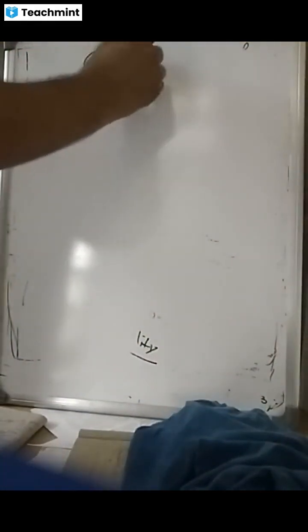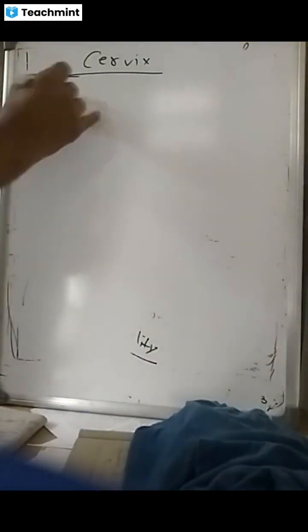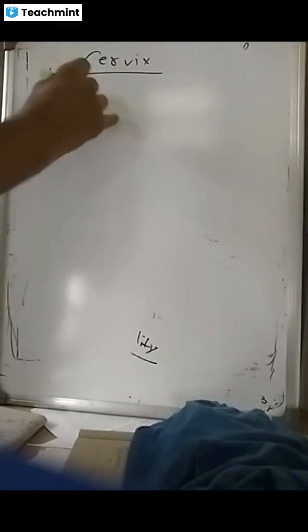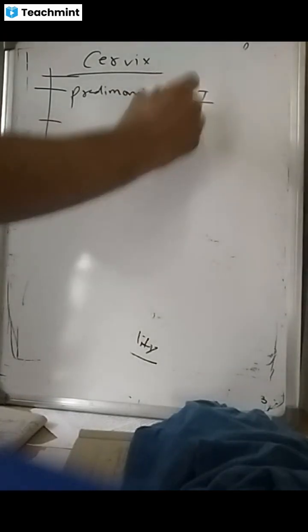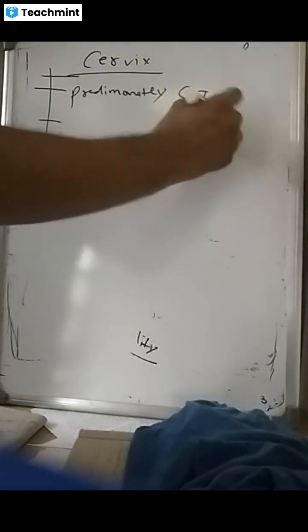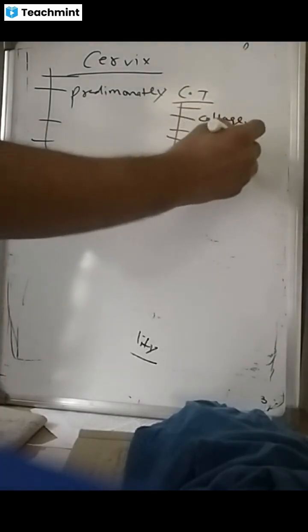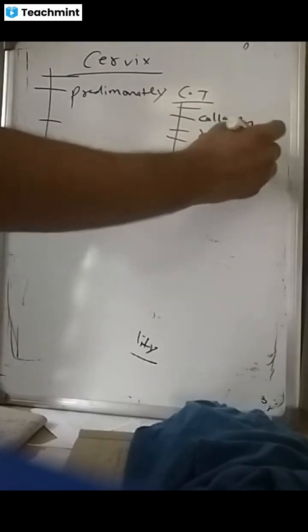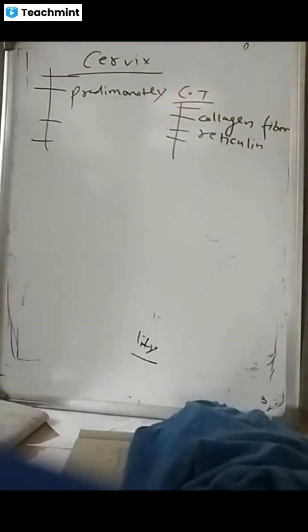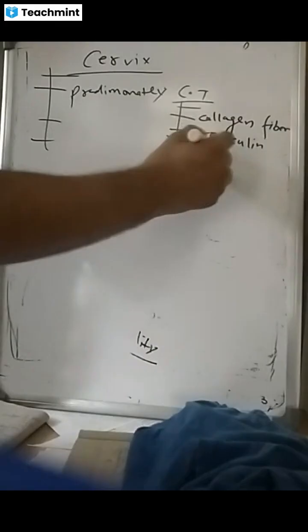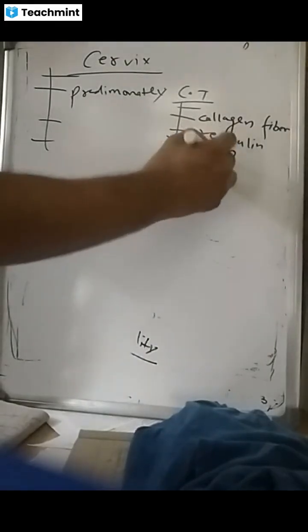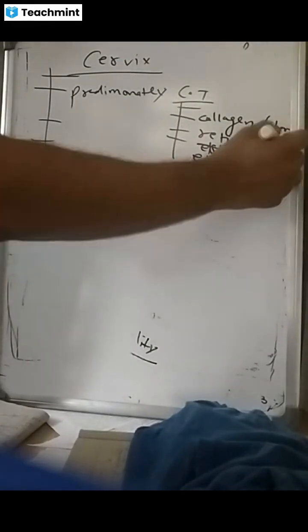So the cervix, what is it having? It is predominantly connective tissue fibers like collagen fibers, reticulum, and elastin fibers.